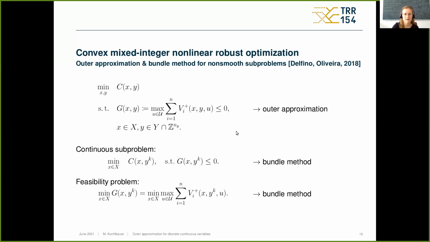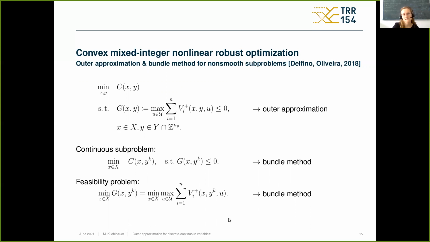And we want to apply an outer approximation method to this non-smooth MINLP. For the subproblems, which are solved in order to obtain linearizations of the constraints, we want to use our adaptive bundle method, as the continuous subproblem as well as the feasibility problem now have the structure of problems which can be handled by our adaptive bundle method.